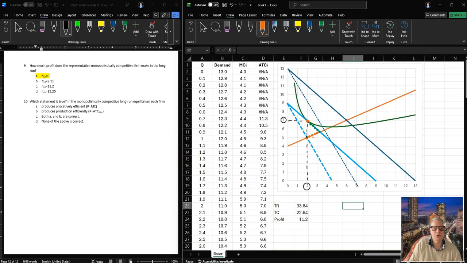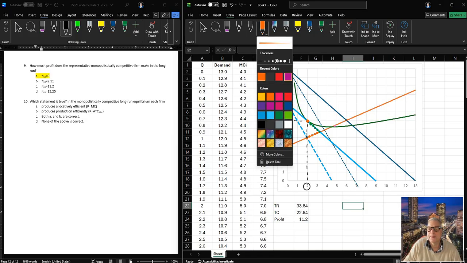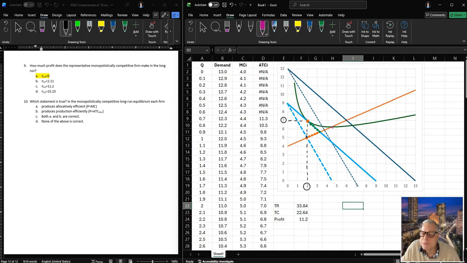So there is no allocation efficiency. There is also no production efficiency, because the point of production efficiency would be at the minimum of average total cost. But the firm produces to the left of average total cost. So in other words, if the firm could produce more, average total cost would go down.